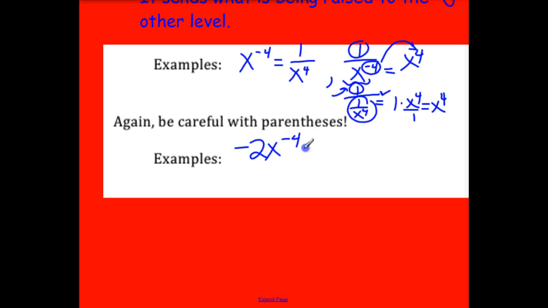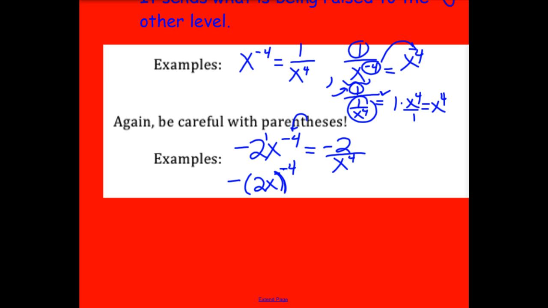And again, we're always going to be really careful with where the parentheses are. -2x to the -4th is -2 to the 1st, which is just -2, divided by x, or send to the other level 4 times. Very different from the other one. Notice if I were just to read them, one of them is -2x to the -4th. The other one is -2x to the -4th.